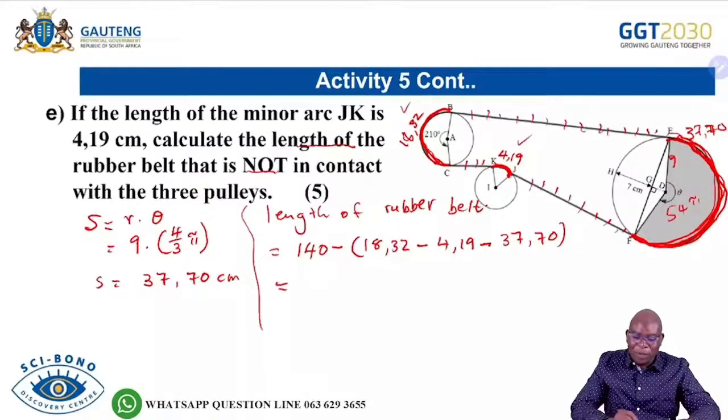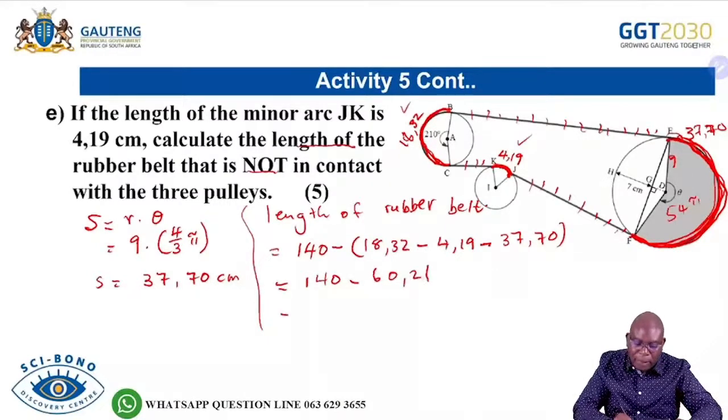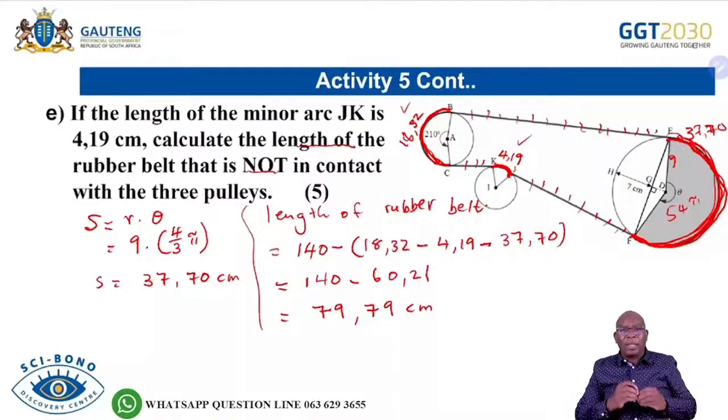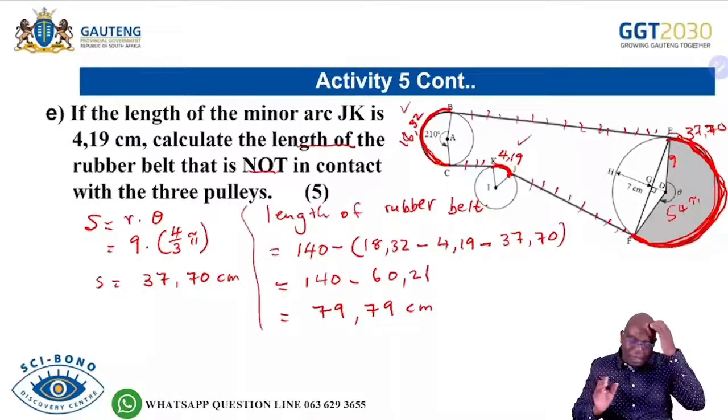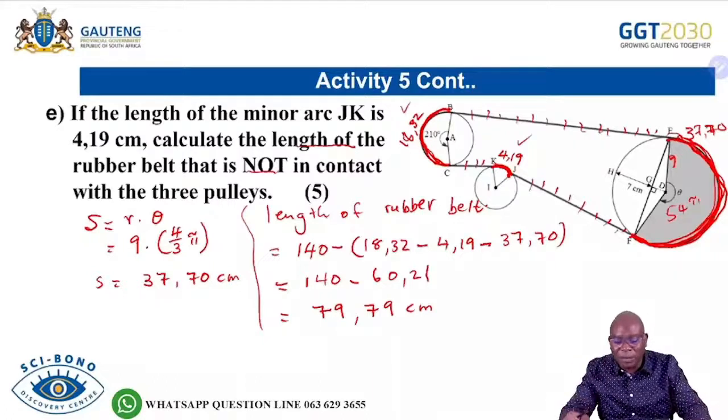So 140 minus that, if I use my calculator correctly, 140 minus 60.21. Then the answer there is going to be 79.79 centimeters. So the length that is not on the pulleys is 79.79 centimeters.